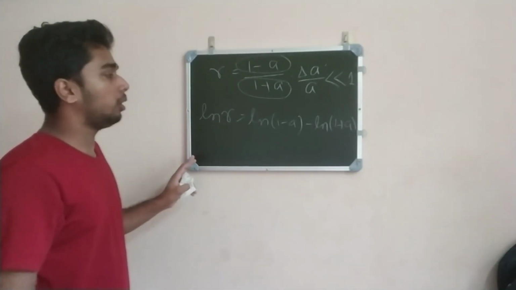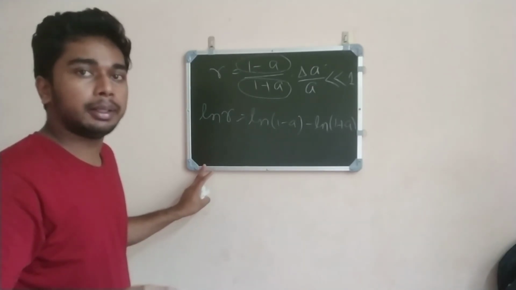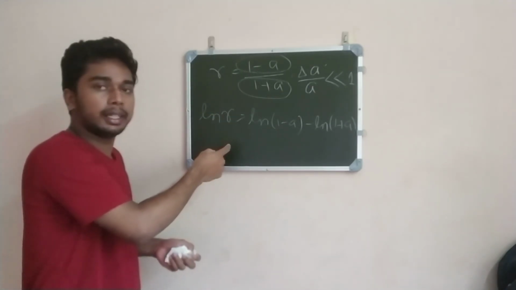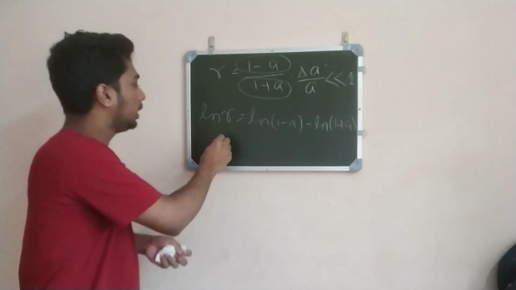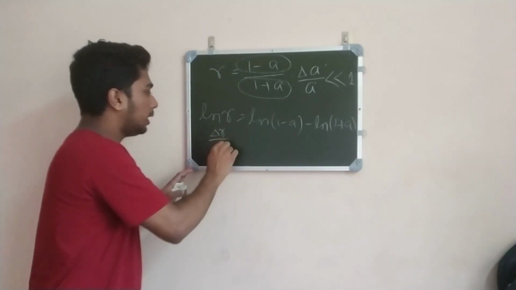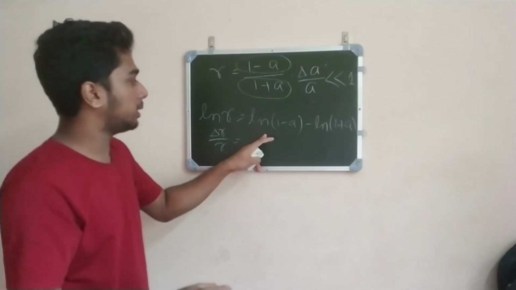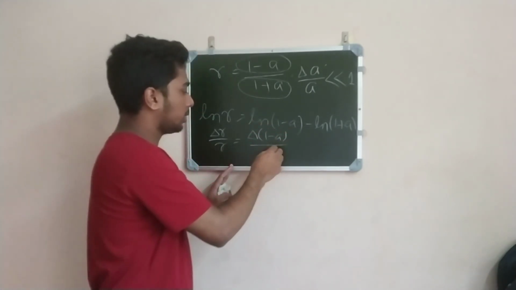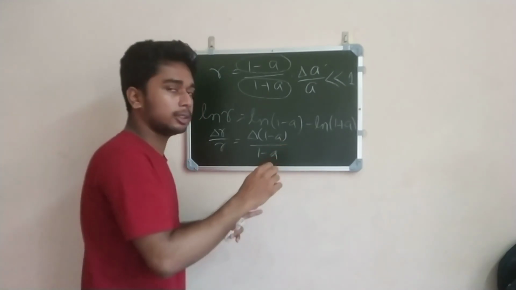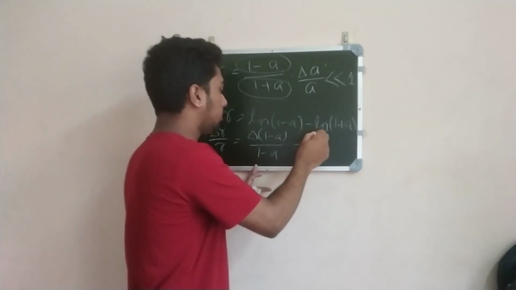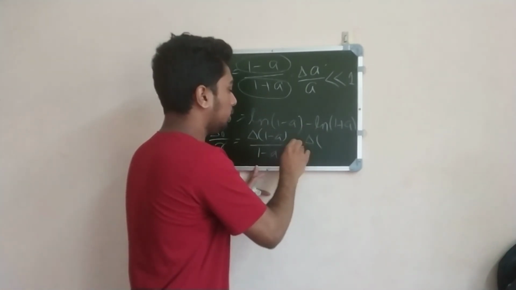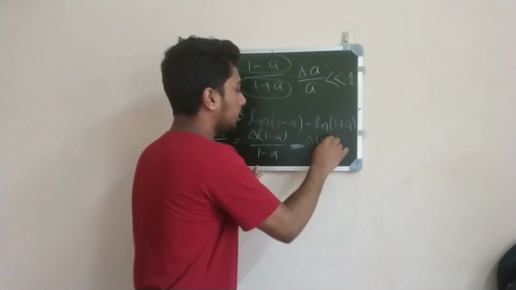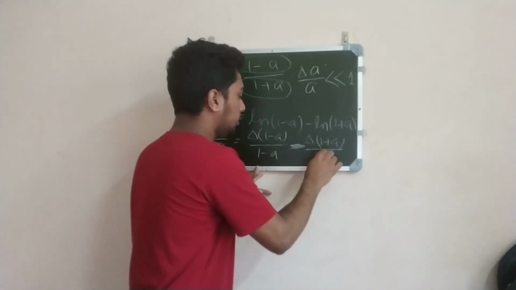Now take the delta derivative. It will be delta r by r equal to delta of (1 minus a) divided by (1 minus a), minus delta of (1 plus a) divided by (1 plus a).